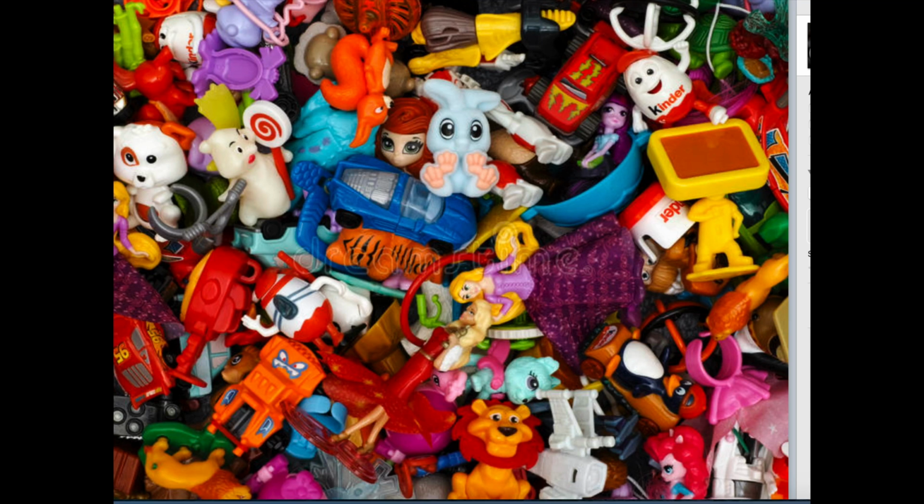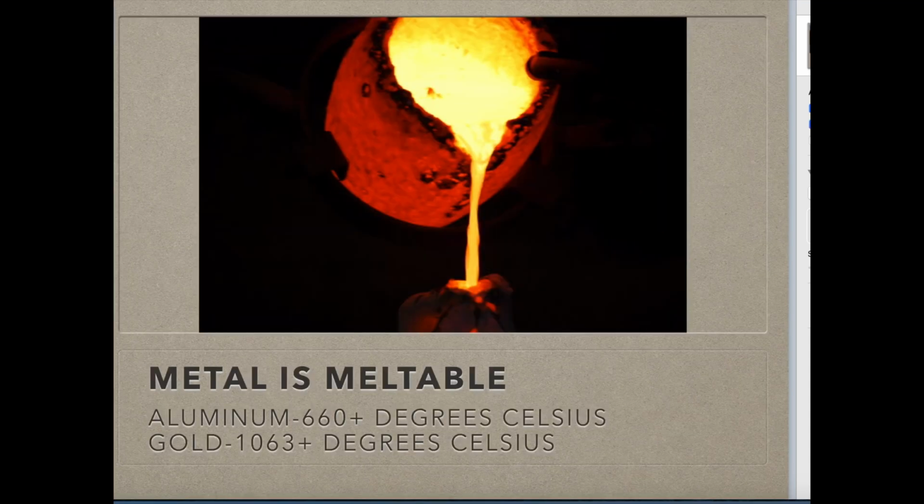Okay, let's take a look at metal. So metal is a material that is meltable. There are so many different kinds of metals that each metal has a slightly different melting point. For example, aluminum, that melting point is 660 degrees Celsius.